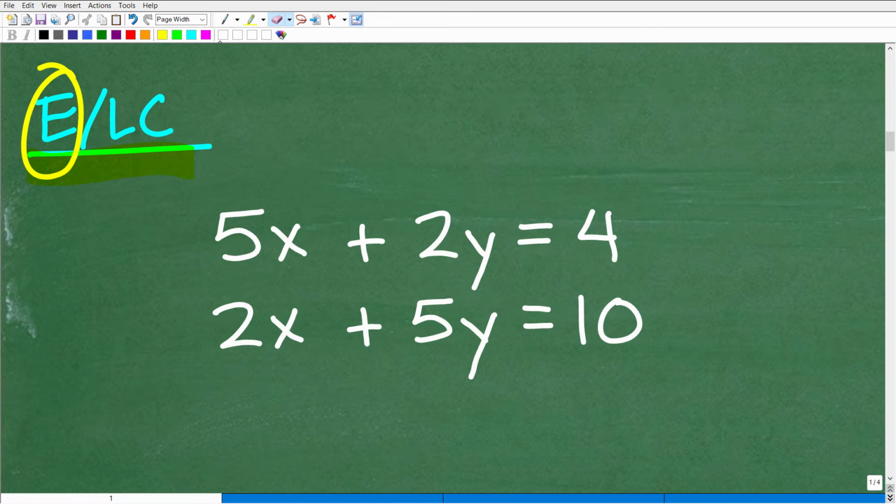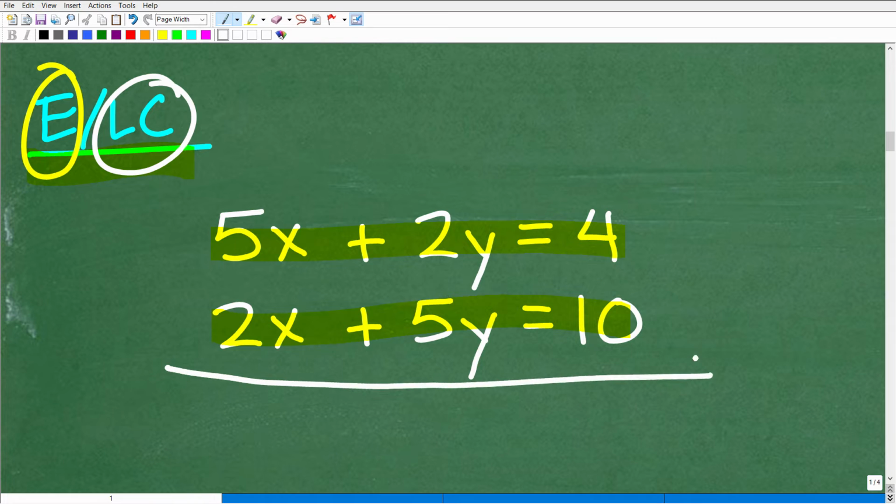That's what this means. And then the linear combination part basically means that when you have a system like this, you have one equation and another equation, what you can do in a system is combine two equations to make a third equation. In other words, here I could squish these together like a peanut butter and jelly sandwich.